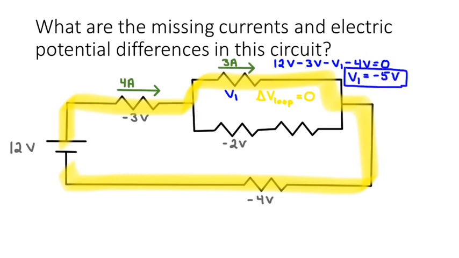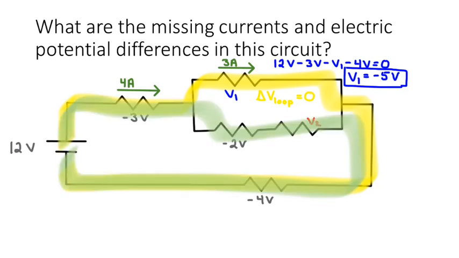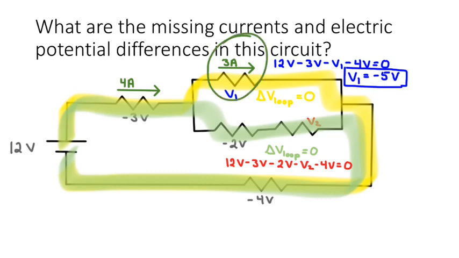So the voltage drop across this resistor right here has to be 5 volts in order to satisfy the loop rule. To find the other missing voltage, I just draw a second loop. I know that the voltages have to add up to 0. Write a second equation. Notice that this time I don't include this one because it's not part of that loop. And so for that second missing voltage, you would get something like a 3 volt voltage drop.